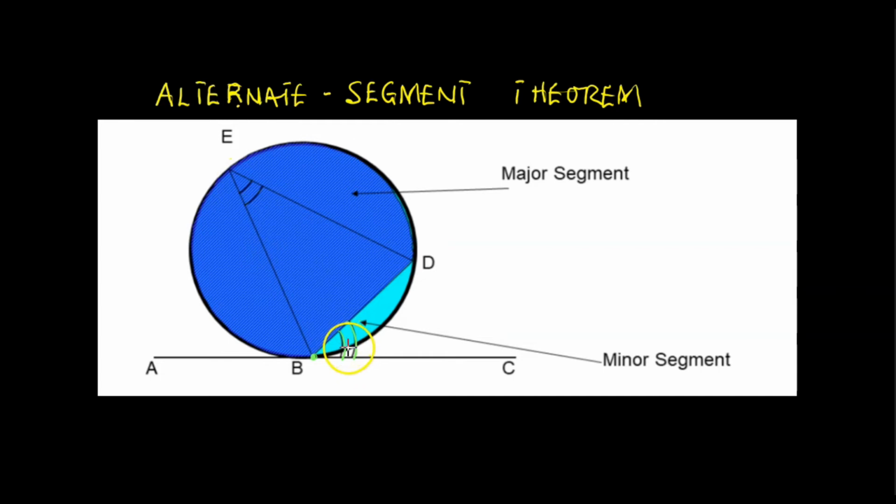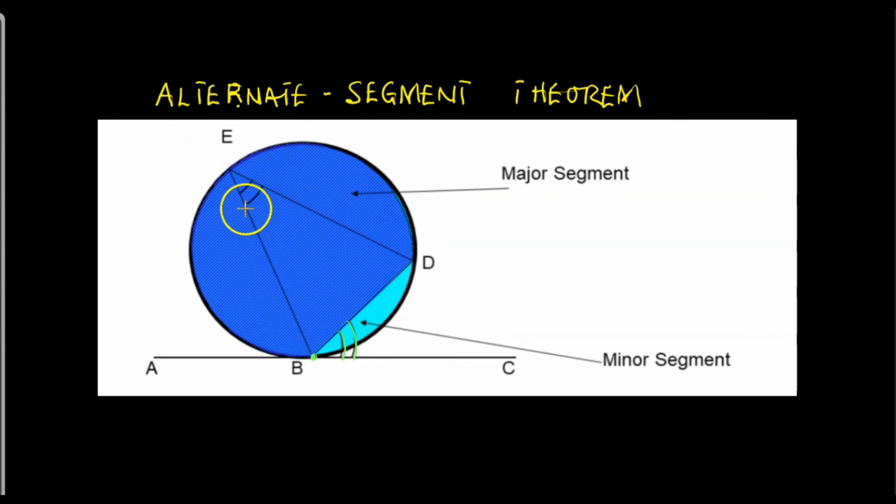Then again, if we take BE to be our chord, BE will have an intersection with our tangent ABC at B. And in this case, that is also going to form another angle in one segment.